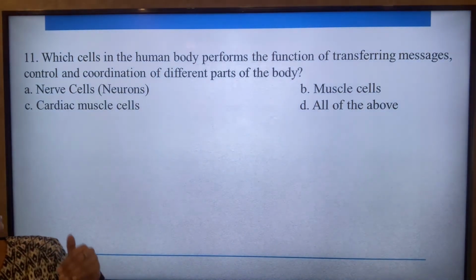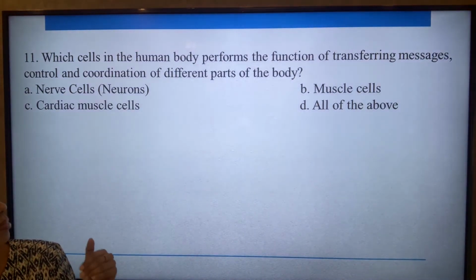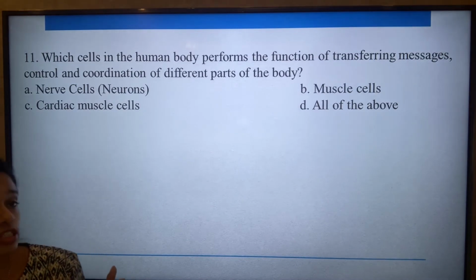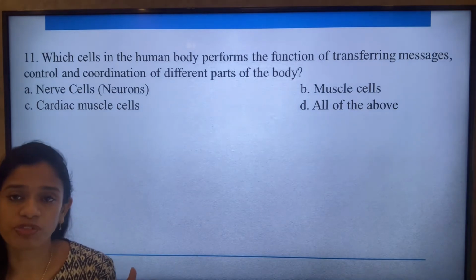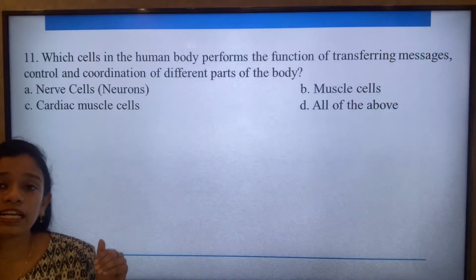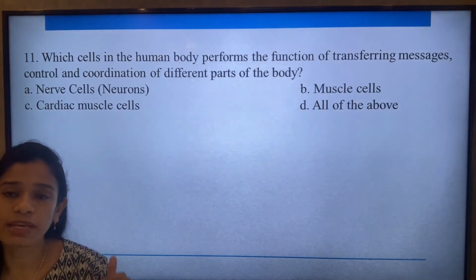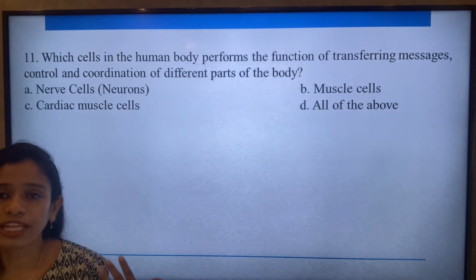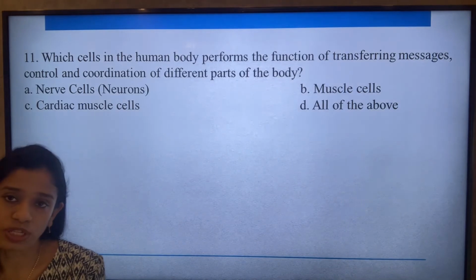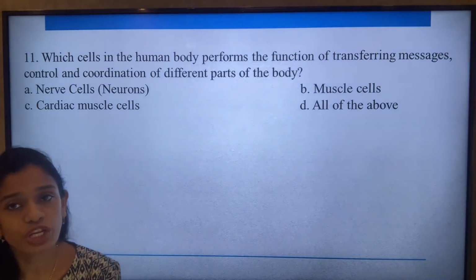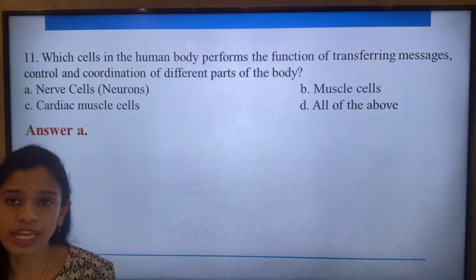So it is the nerve cell or the neurons, the muscle cells, the cardiac muscle cells, or all of the above. So which cell actually performs this? It is option A, the nerve cells or the neurons. They perform the task of control and coordination of the whole human body. So it is option A.